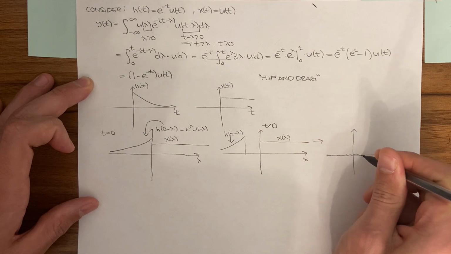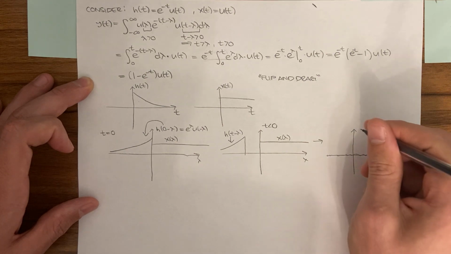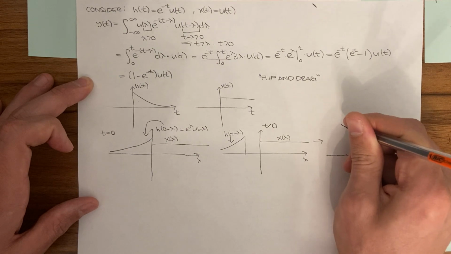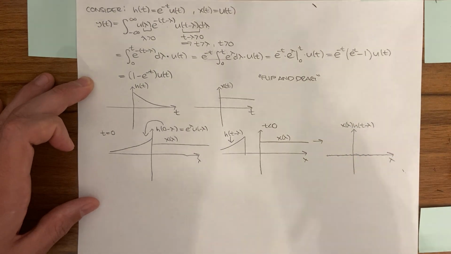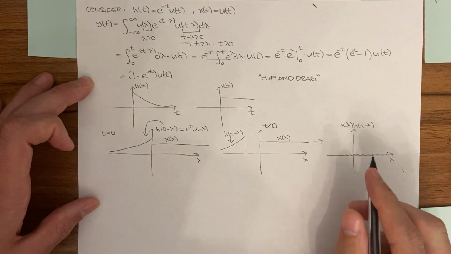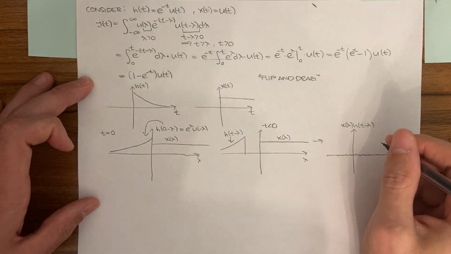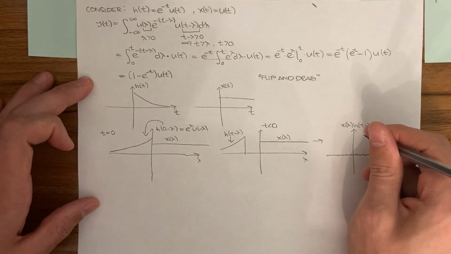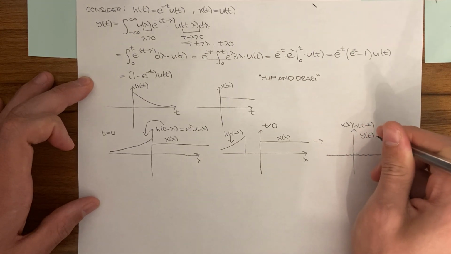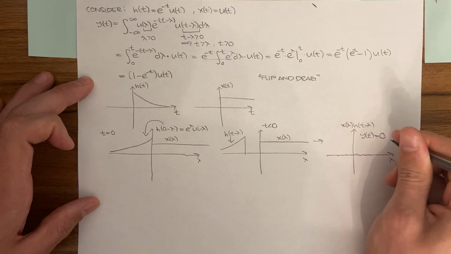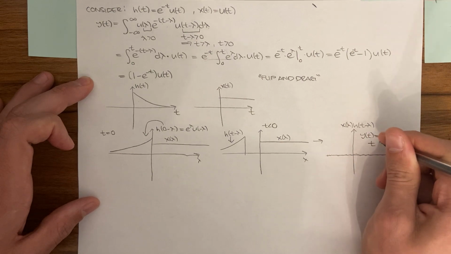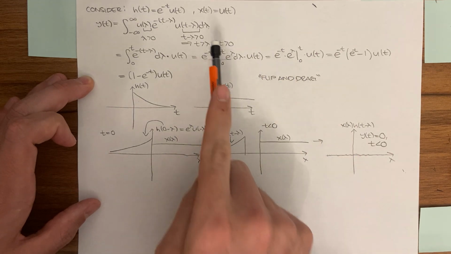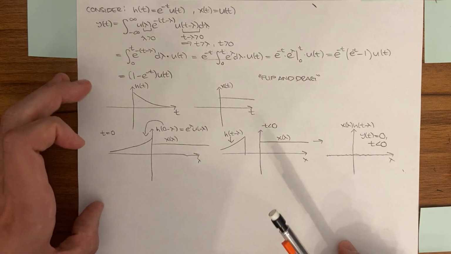So the whole thing is 0, and when you integrate, it's 0. So y of t is going to be 0 where t is less than 0. We already showed this analytically, but this is another graphical representation of that.